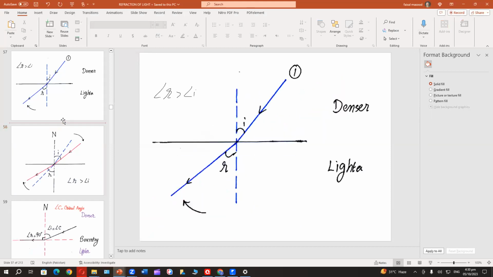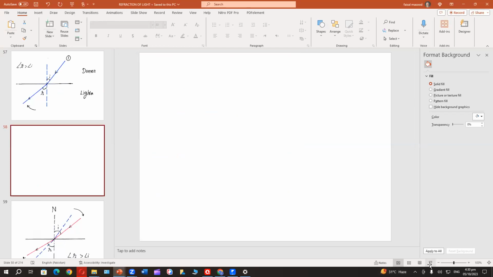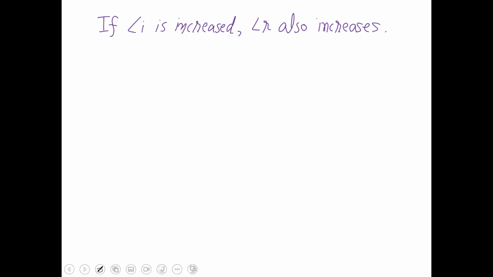So right under it, if angle I is increased, angle R also increases.